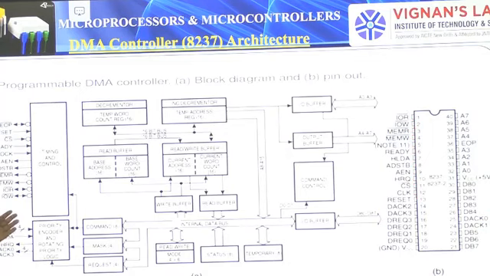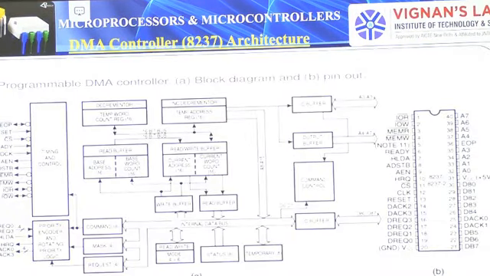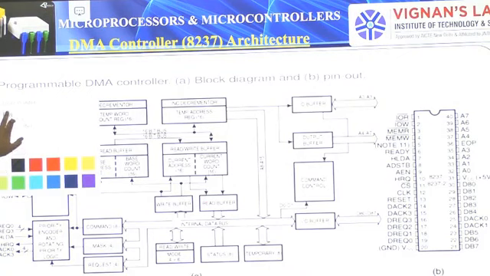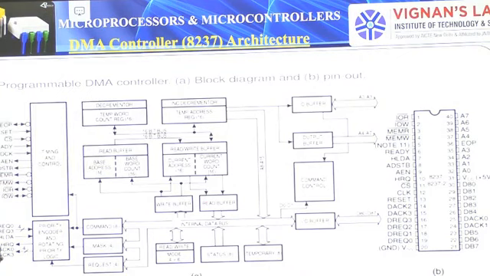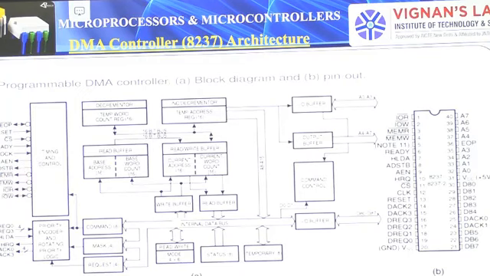This is the timing and control signal logic which is handled by the DMA controller. See here, we have the priority encoder and the rotating priority logic. Based on the priorities from the input and output devices, this DMA controller gives the result to the devices. The input and output devices are given priority, and based on the priority we handle the devices.